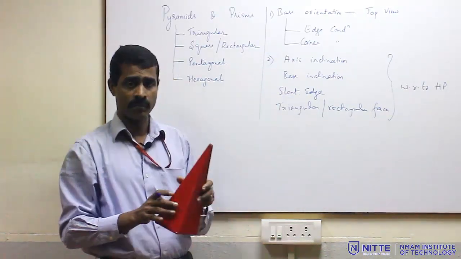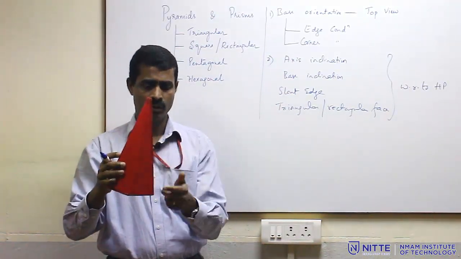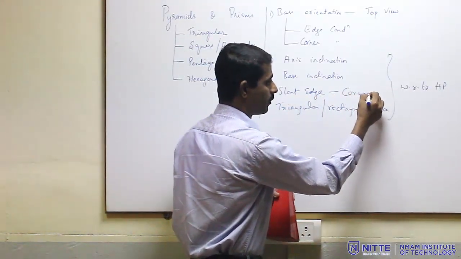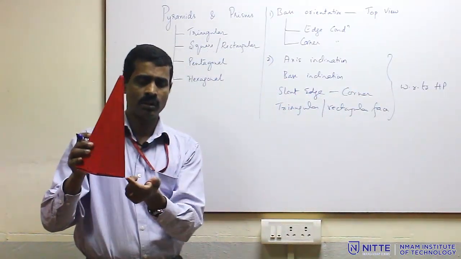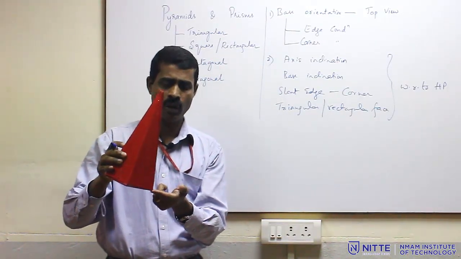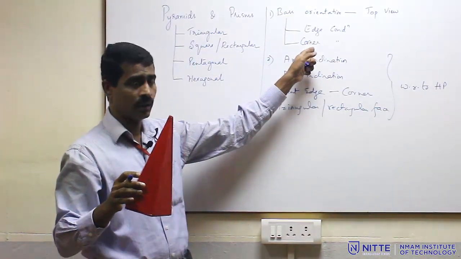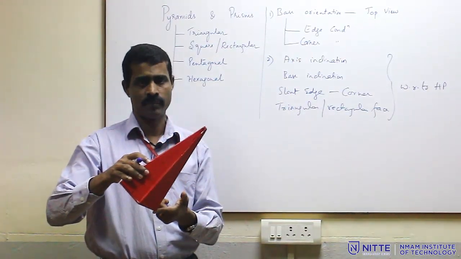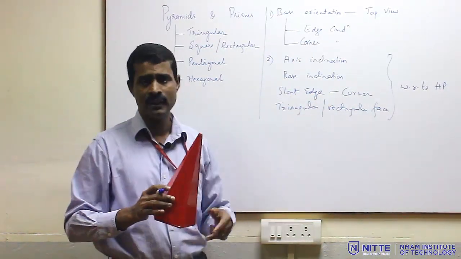Slant edge inclination: this is the slant edge. Whenever a slant edge is given, we have to go for corner condition because the slant edge ends at a corner. So, we take corner condition in the first step, then rotate the front view this way, and we can satisfy the slant edge.